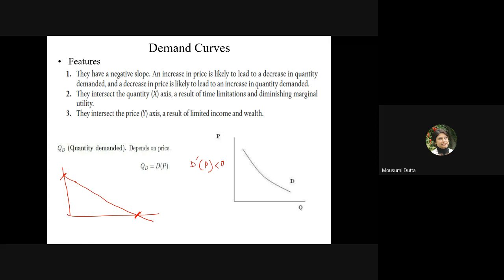So the graph I am presenting, in that case, I am considering, isn't it?